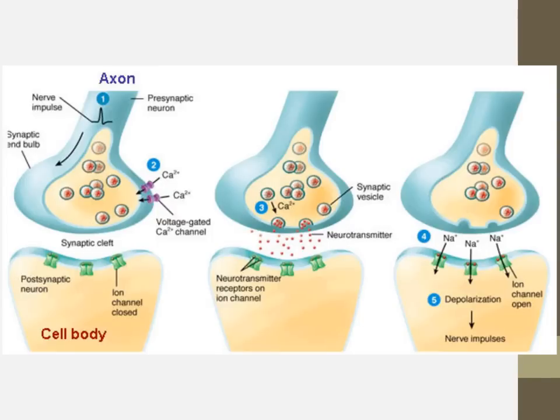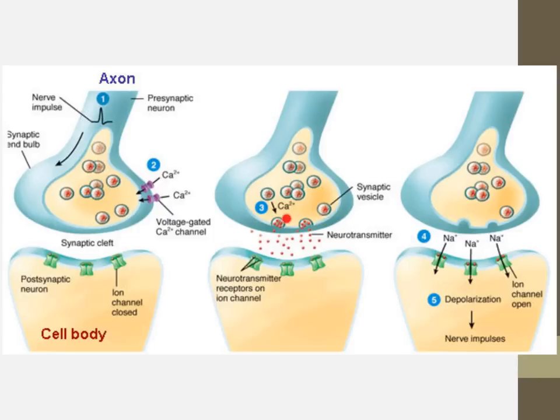Okay, so just another view of what this is looking like here. My nerve impulse travels down the presynaptic neuron. That positive charge causes the calcium ion channels to open. Calcium from the outside of the cell diffuses passively into the cell, and that calcium pushes these vesicles up against the presynaptic neuron.